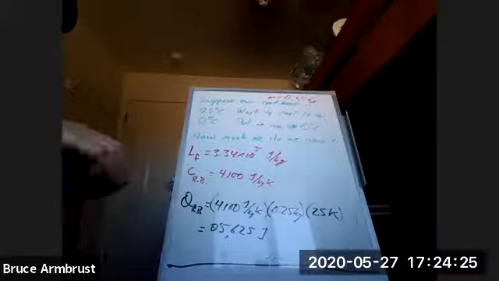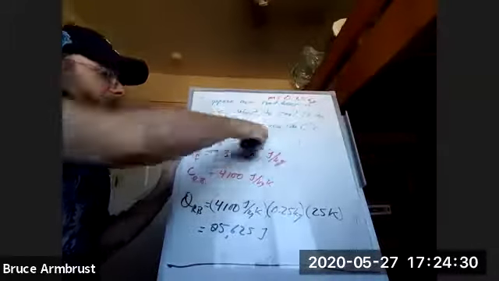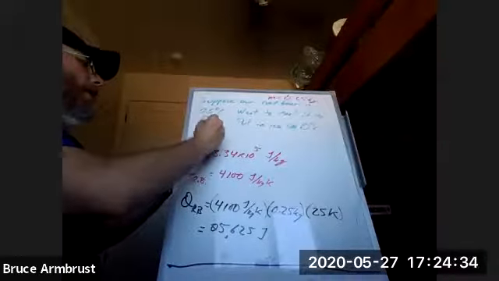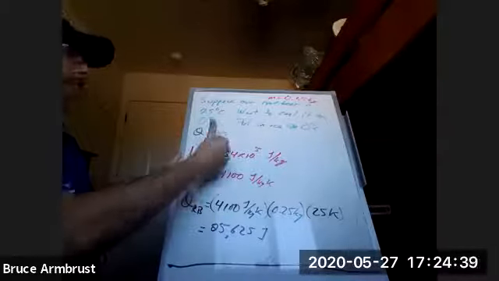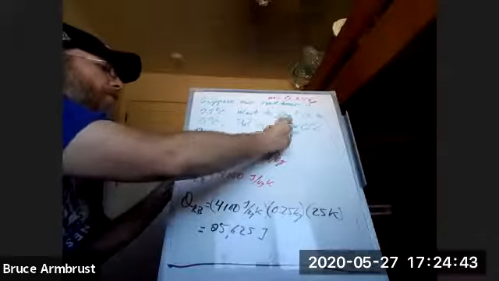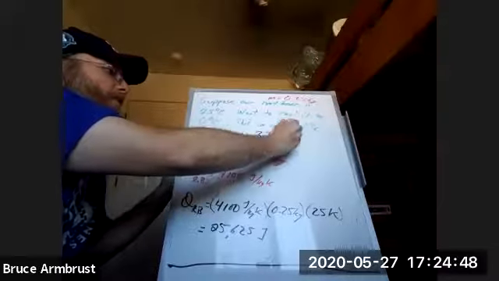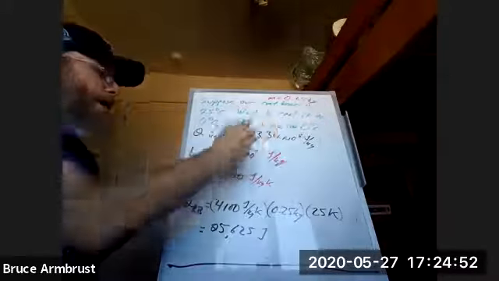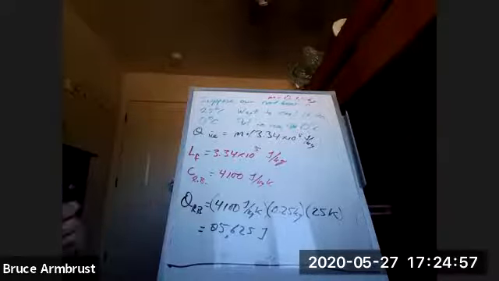Okay, so then for the ice, we think about what the Q for the ice is. Since it's only changing its state, it's going to be whatever its mass is times 3.34 times 10 to the fifth joules per kilogram. That's just the latent heat of fusion.